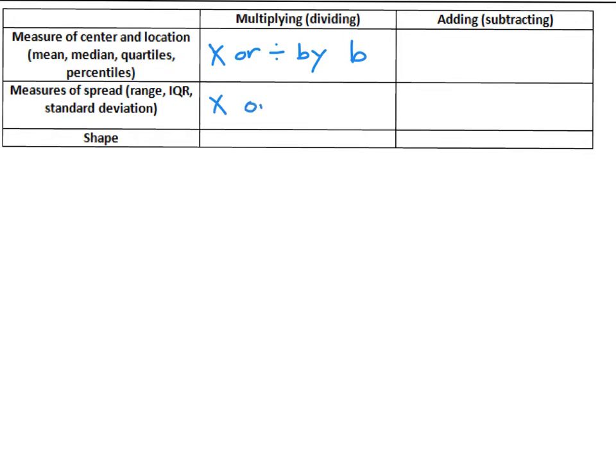Same as spread. We've talked about this a bunch. Shape, that's not a common thing for us to work with. I didn't mention it on the previous slides, but it was on there. No change.